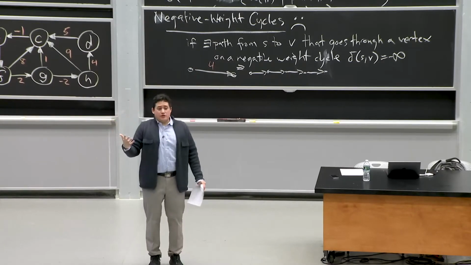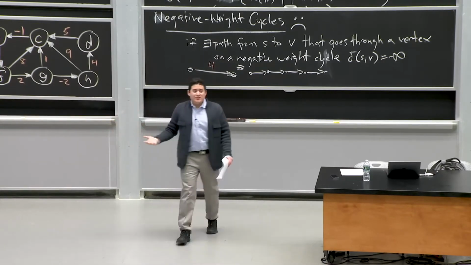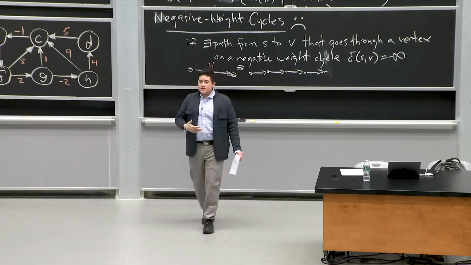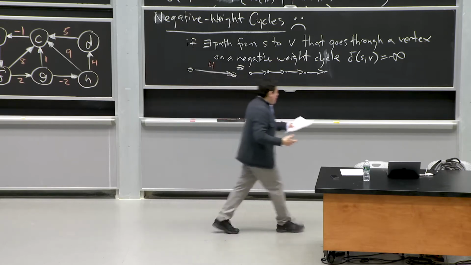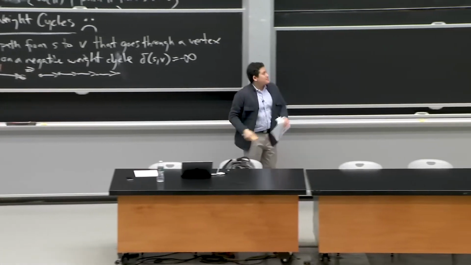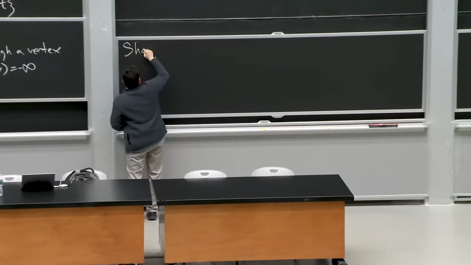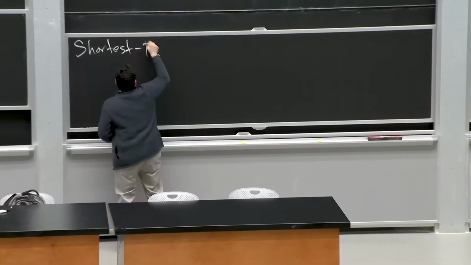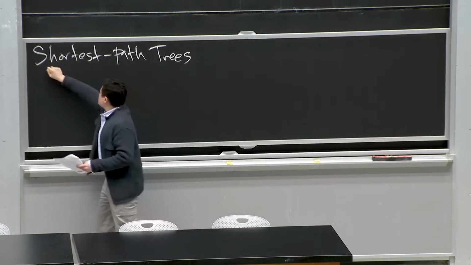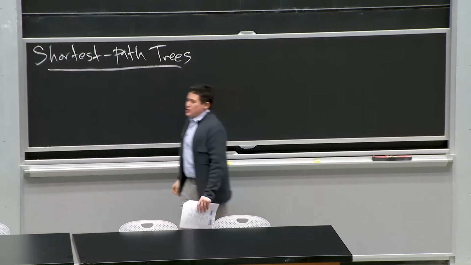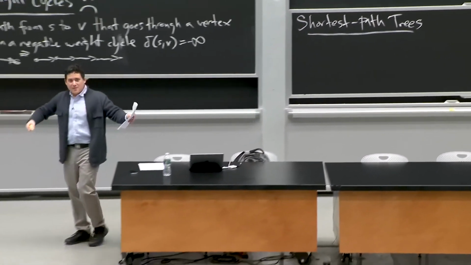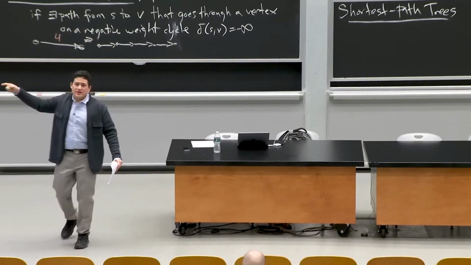But we also return parent pointers back along shortest paths to the source. We call this the shortest path tree. So I'm going to revisit this topic of shortest path trees. In particular, it's going to be annoying to talk about both of these quantities, distances and parent pointers, as we go through all 3 of these algorithms.